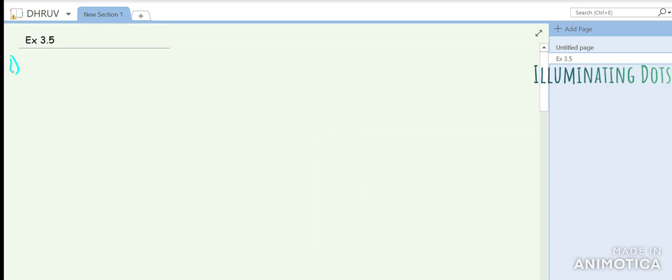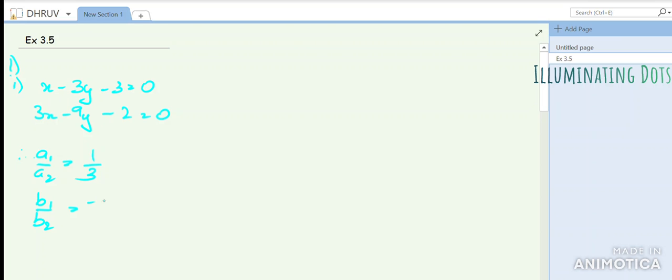So first part, it says x minus 3y minus 3 is equals to 0 and 3x minus 9y minus 2 is equals to 0. So we find the ratios. So the ratios will be a1 upon a2, which is 1 upon 3. Now b1 upon b2, which is minus 3 upon minus 9, which is also 1 upon 3, and c1 upon c2 is equals to minus 3 upon minus 2, which is 3 upon 2 here.